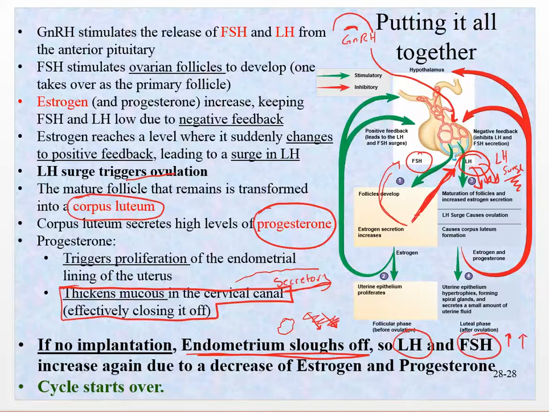Of course, when follicle stimulating hormone increases, it stimulates the next follicle, and you try again. So no implantation, the endometrium sloughs off, and LH and FSH increase again due to the decrease of estrogen and progesterone because the corpus luteum disintegrated, and you have the next cycle. Next we're going to talk about fertilization and the rest of this section.